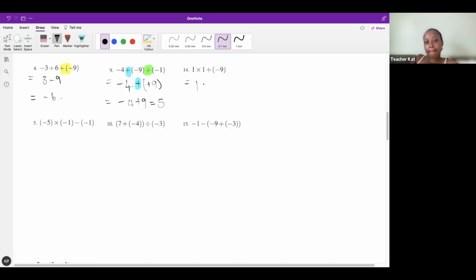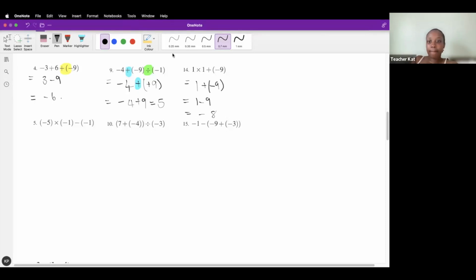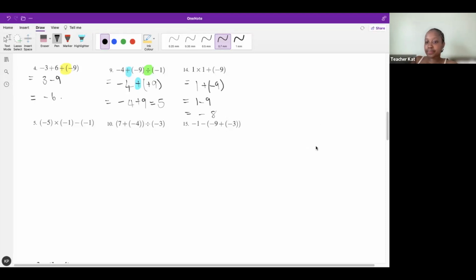The positive and the negative equals a negative. So it's 1 times 1 minus 9. Okay. And what's 1 minus 9? -8. Beautiful, Motebang. Beautifully done. Thank you, ma'am.